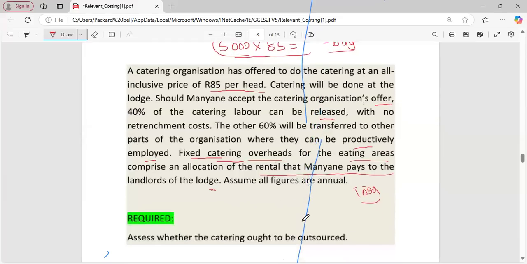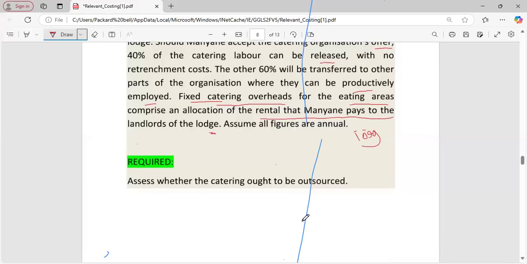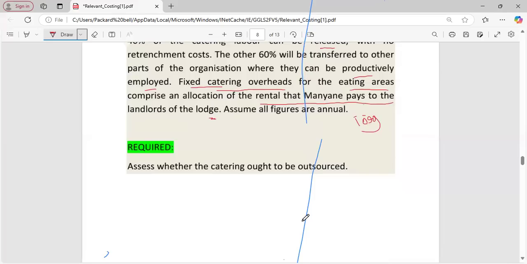Then they say, assess whether the catering ought to be outsourced. We now want to assess whether we need to outsource the catering.